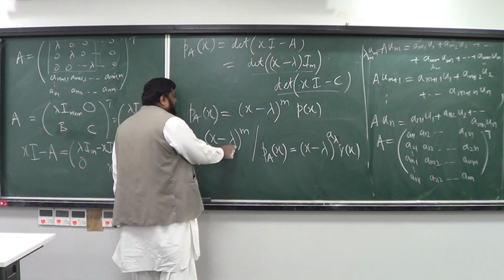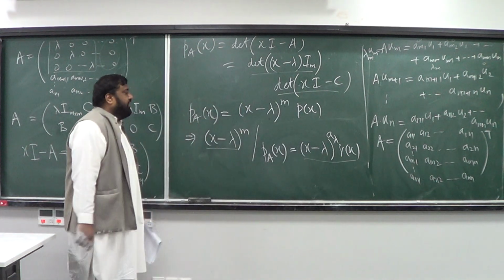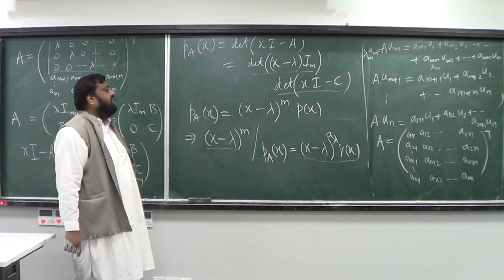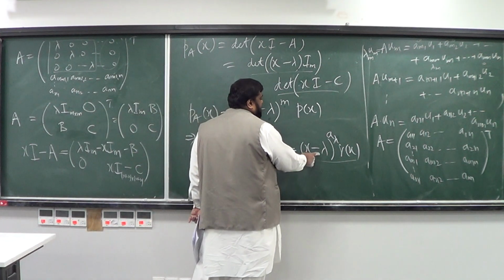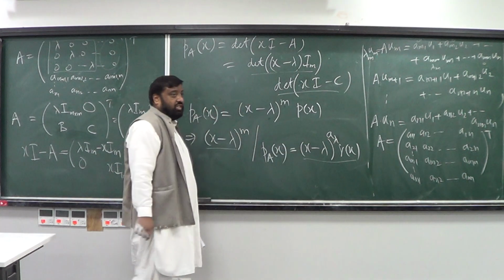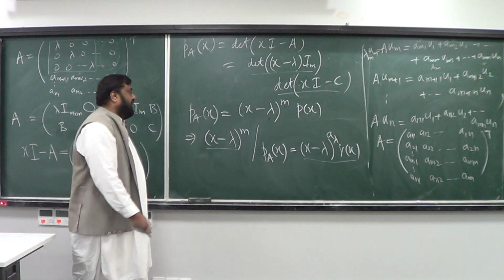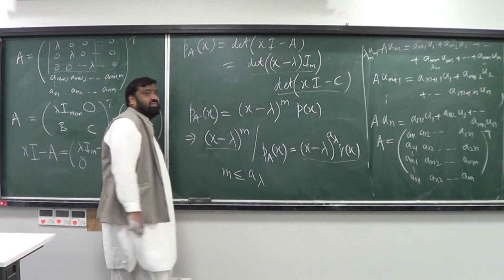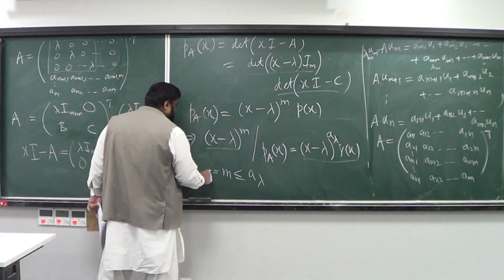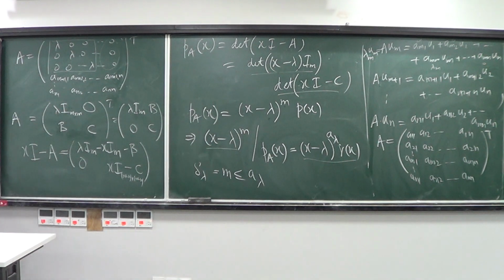Now (x minus lambda) to the power m is dividing such an expression. That means (x minus lambda) to the power m divides (x minus lambda) to the power a of lambda. This division is only possible if m is less than or equal to a of lambda, and this m is really the geometric multiplicity.